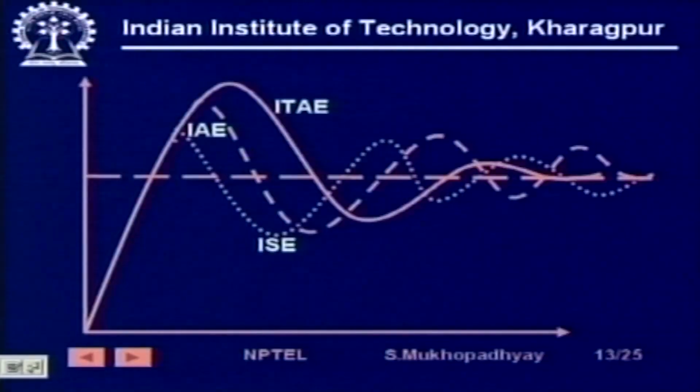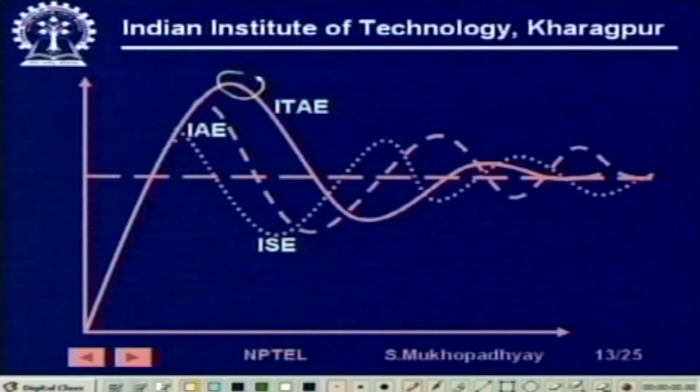So, for example, this is a typical waveform. If you took a control loop designed based on ITAE, it may so happen that you will initially get a high overshoot, but it will probably die down faster, because that is what is penalized heavily.